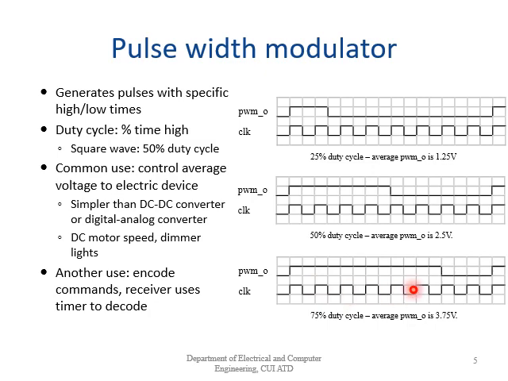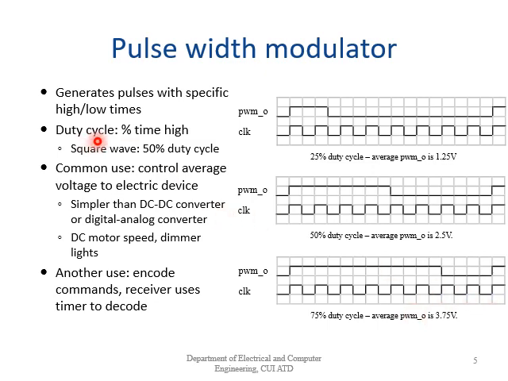Likewise, here you can see that our duty cycle is 75. 75% of the time our signal is high and 25% of the time our signal is low. So 0.75 into the maximum voltage of 5, we get 3.75 volts. So it means that the pulse width modulator will have an average voltage of 3.75.